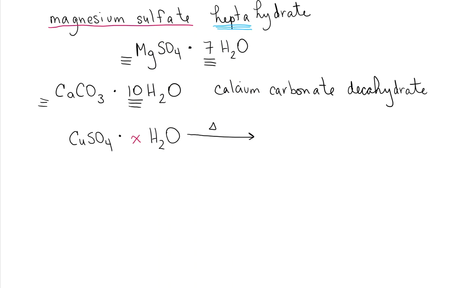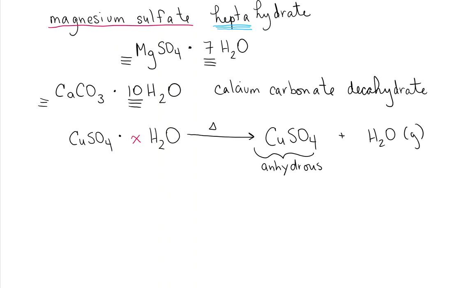What that will do is drive the waters of hydration off of the copper 2 sulfate, and you'll be left with anhydrous copper 2 sulfate. Anhydrous means it has the waters removed from it, and then the water will go away as a gas.